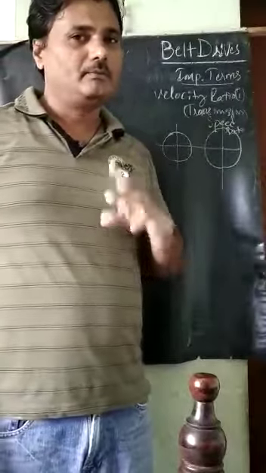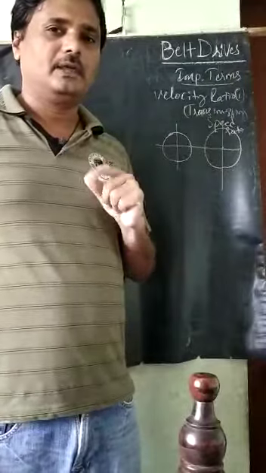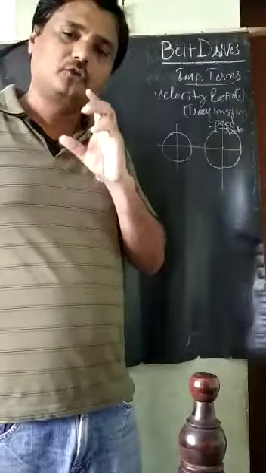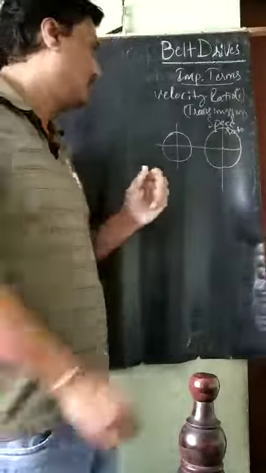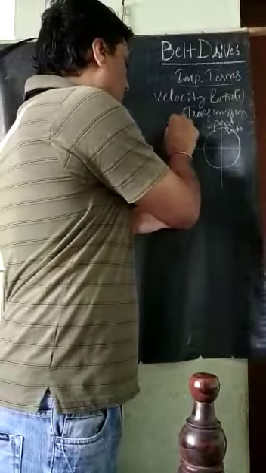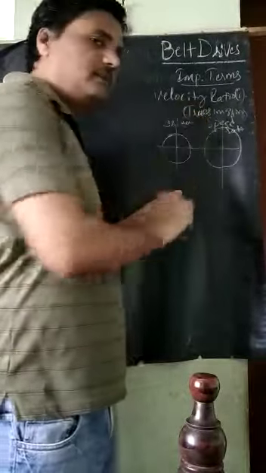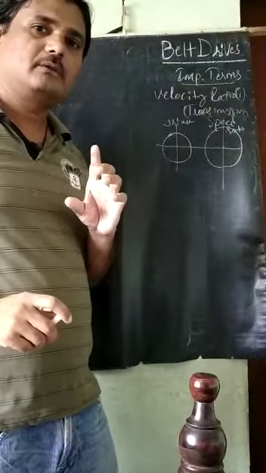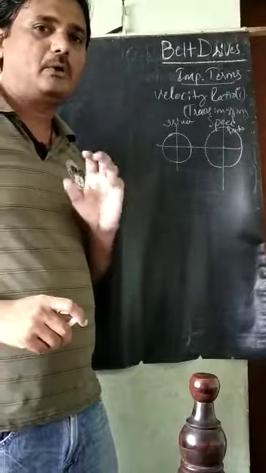Why? We will see next. It is more economical to choose a driver of smaller diameter. The driver is connected to the source, and from that we want to transmit the power.